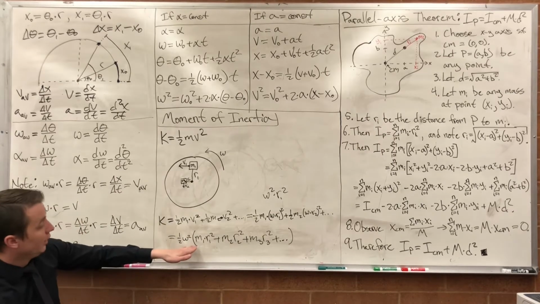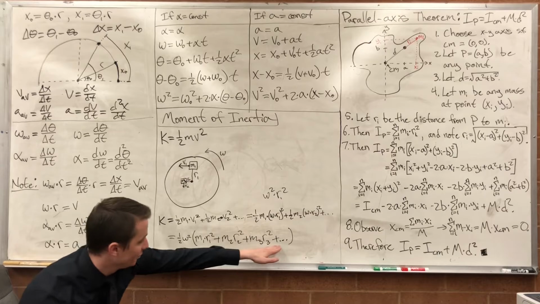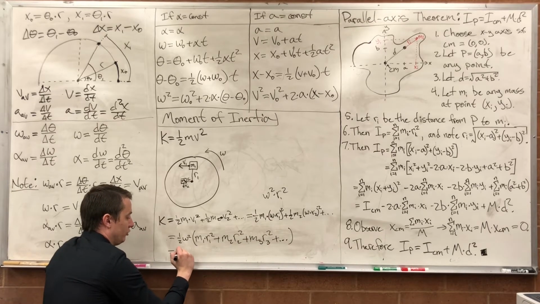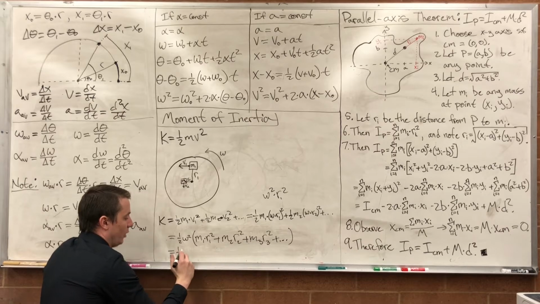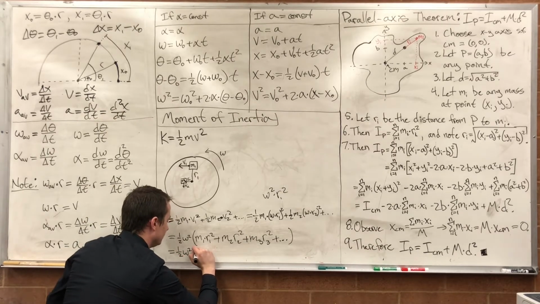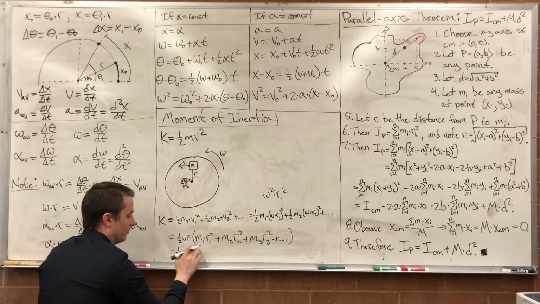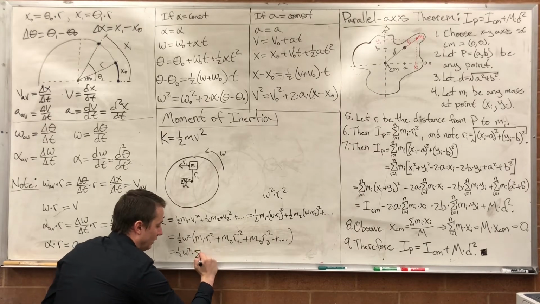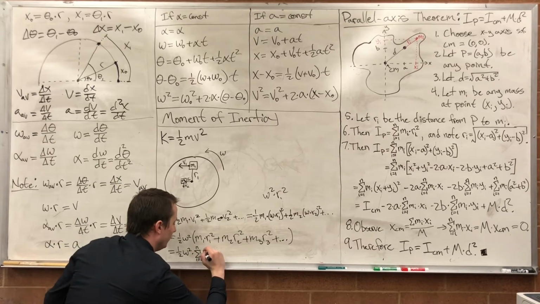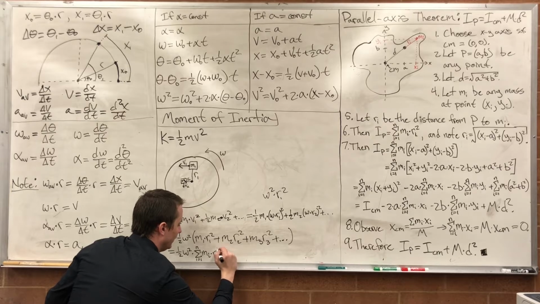Now, I'm going to rewrite that sum there. I may just use summation notation. So it's equal to 1/2 omega squared times the sum, to remind you of our sum notation, from i equals 1 to some number n, we don't know, of m sub i times r sub i squared.